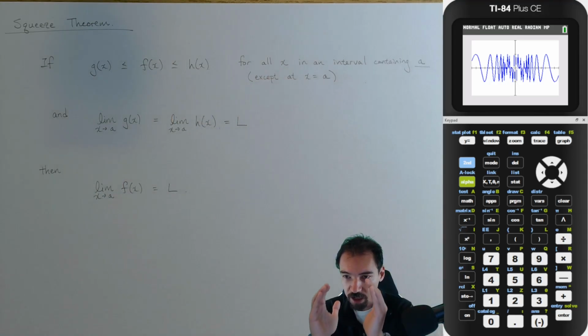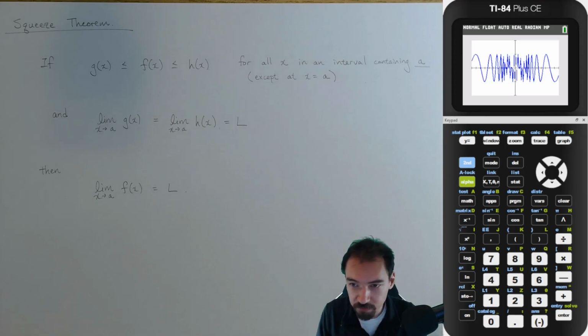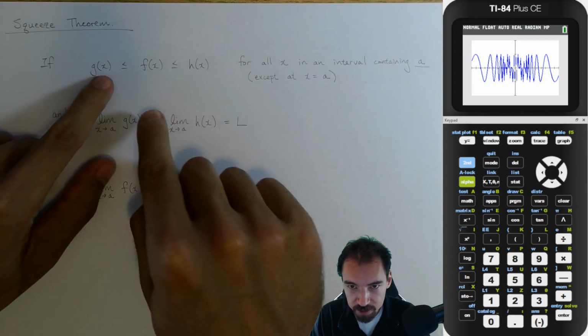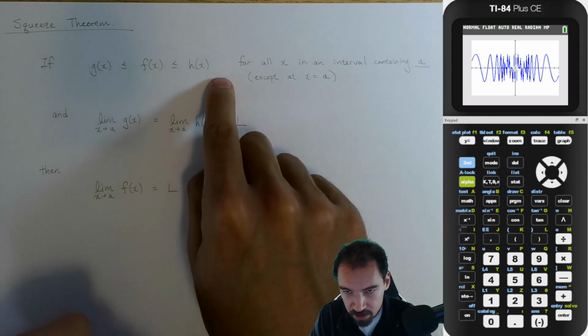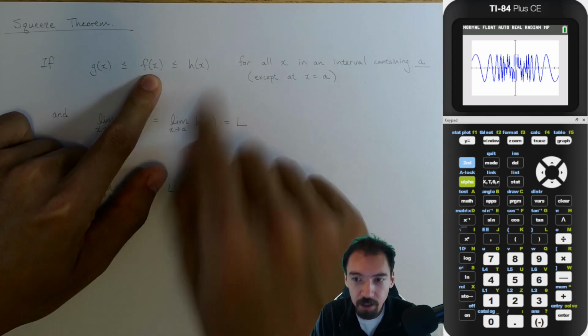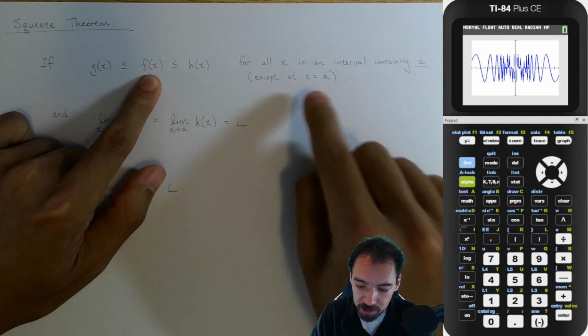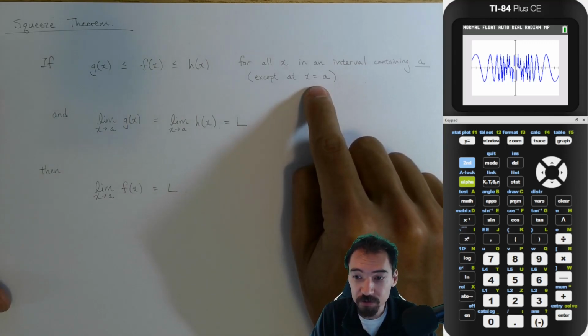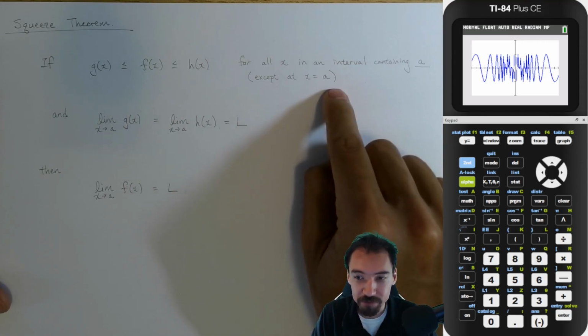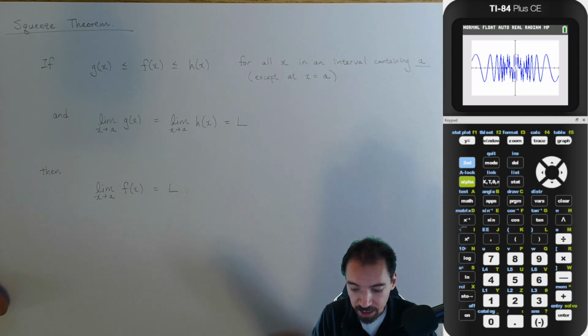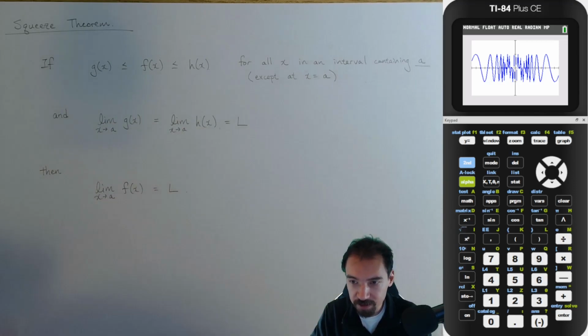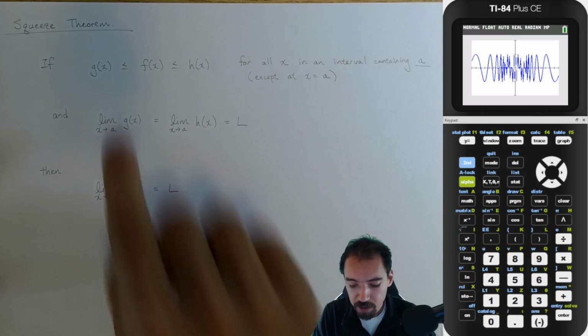Right? So imagine we have an interval like from -1 to +5, for example. If g of x is always less than or equal to f, and h of x is always greater than or equal to f, with the exception at exactly x equals a, because we might not have a value there, but it's still going to be okay, as long as this is true for all x in the rest of the interval, okay?